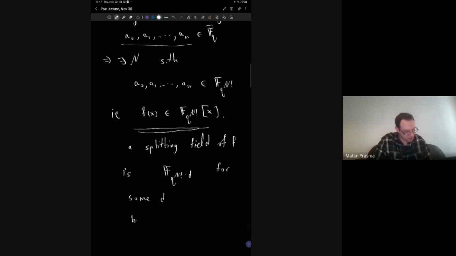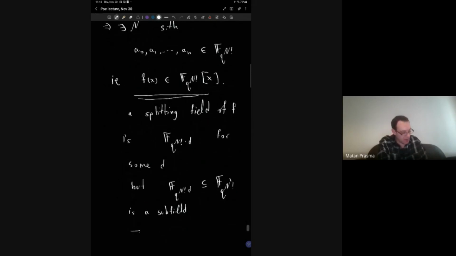But this splitting field is, of course, contained in just another finite piece. Let's call it F_q^{n' factorial}. And this guy, of course, is contained in the algebraic closure.